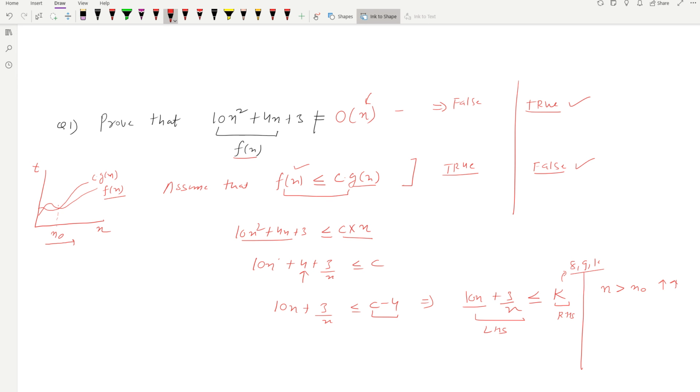So after some value of n greater than n naught, the left hand side will be greater than the right hand side. But our initial assumption was that the right hand side is greater than the left hand side. It means that whatever we have assumed actually fails when n is increasing.